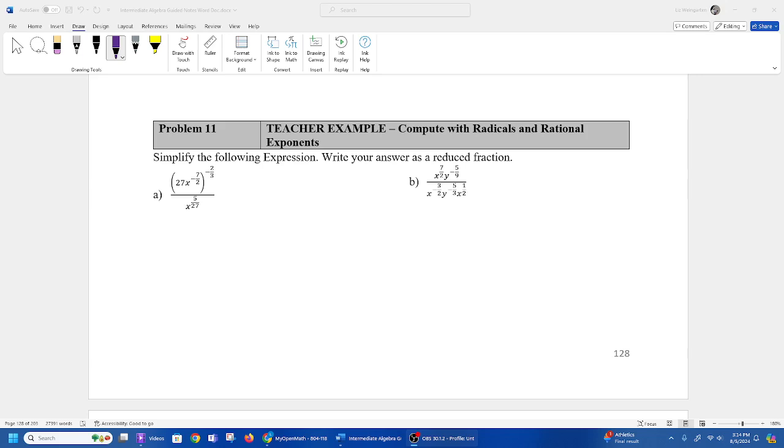In problem 11, we're going to use what we know about the properties of exponents to simplify the expression: 27x to the negative 7 halves power, to the negative 2/3 power, over x to the 5/27.